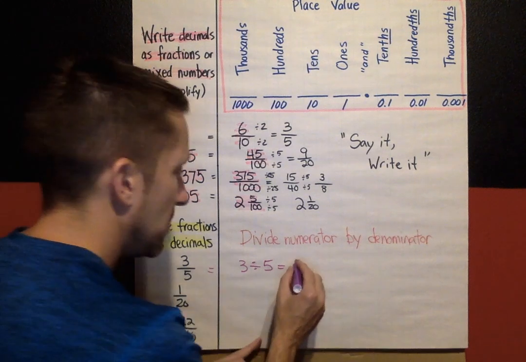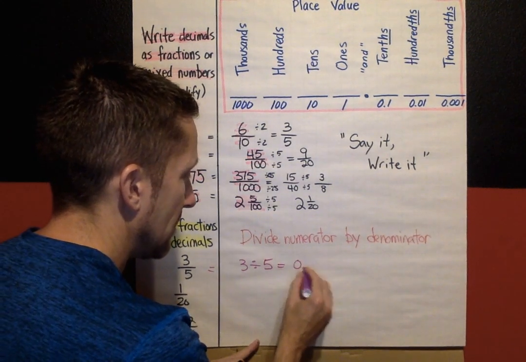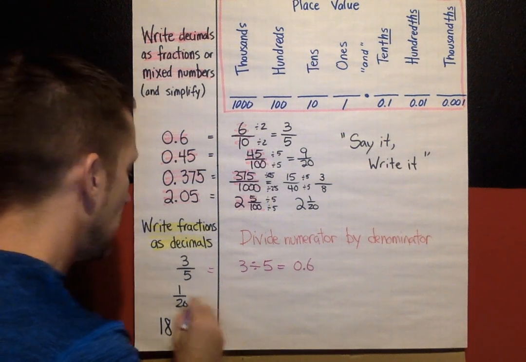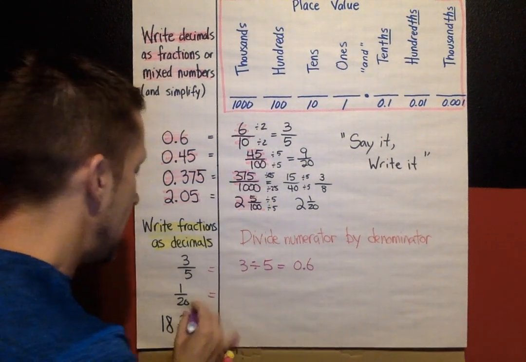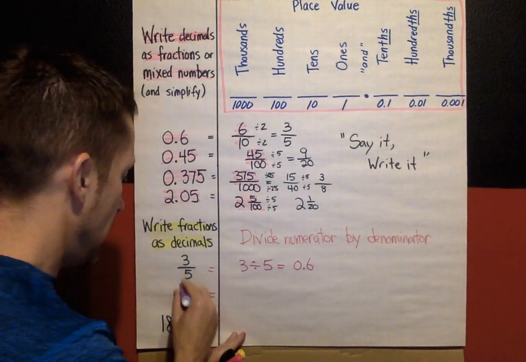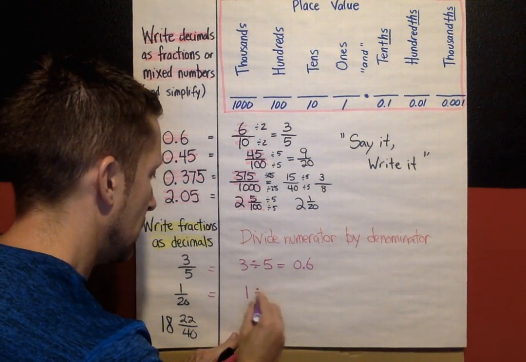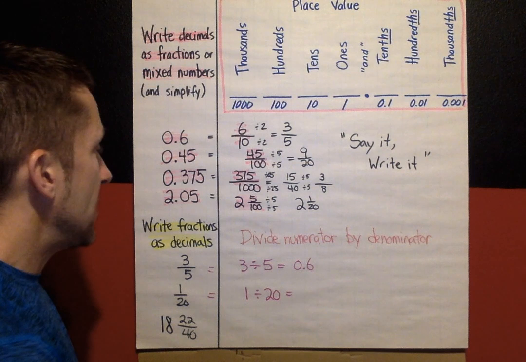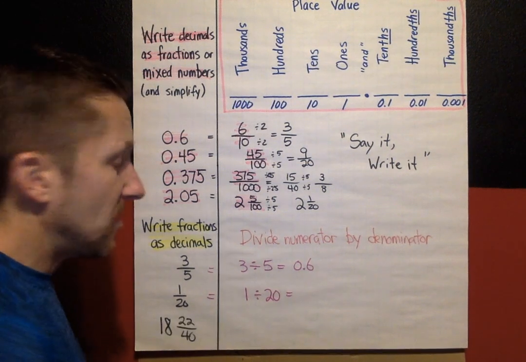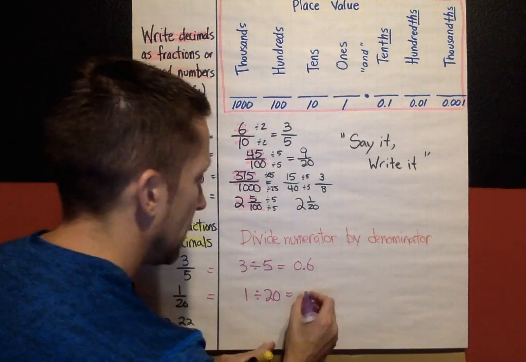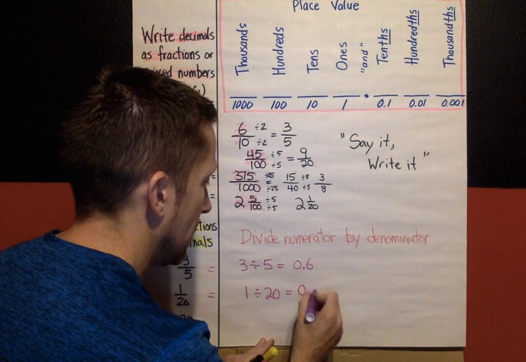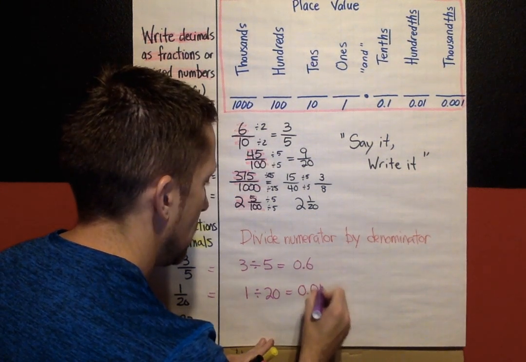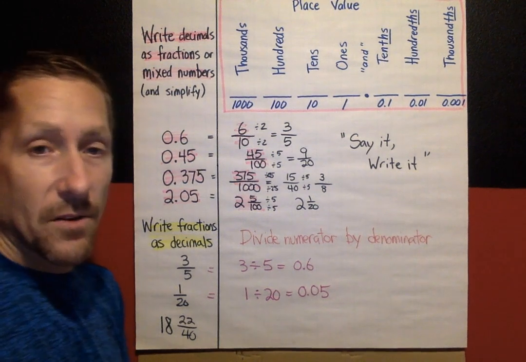Try it. You should see this on your calculator. Next one, 1/20. Again, strategy is numerator divided by denominator. Type that in your calculator. 1 divided by 20. Your calculator is going to come back with 0.05.